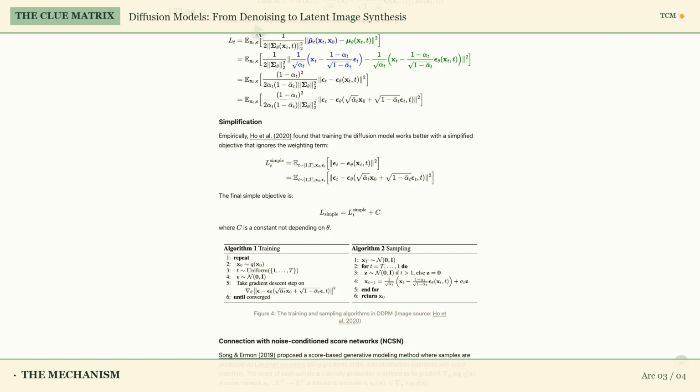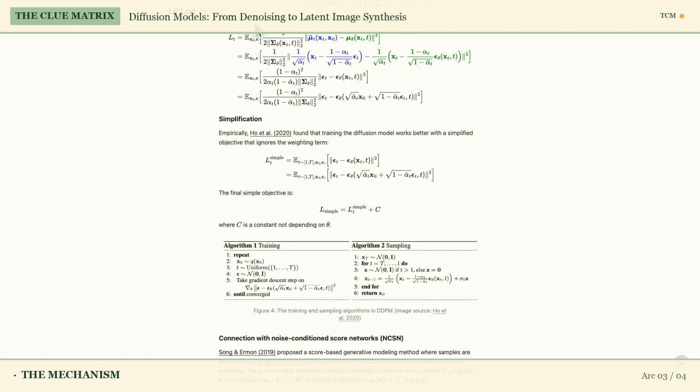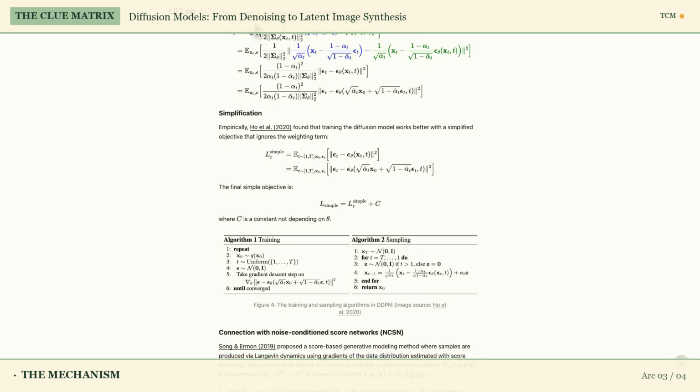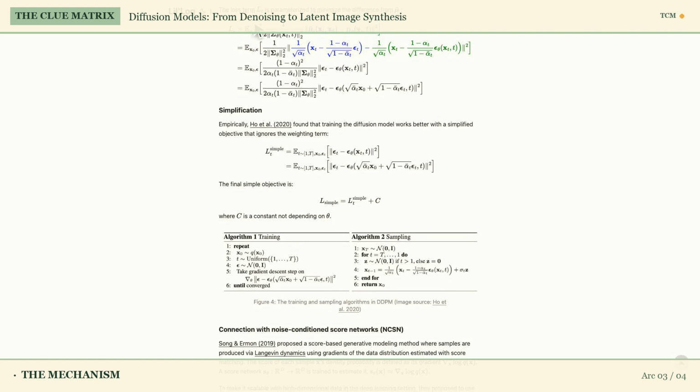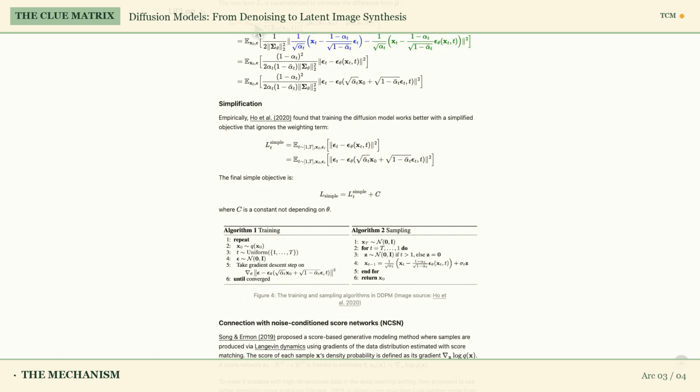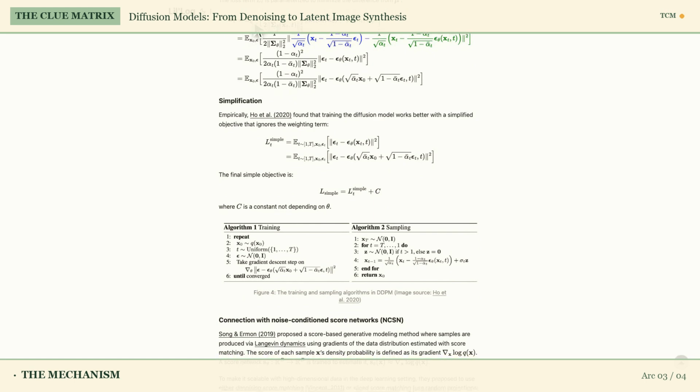In essence, yes. The score function is the gradient of the log probability density of the data, nabla xt log q of xt. It points in the direction of increasing data density. The model's predicted noise, scaled, approximates nabla xt log q of xt.